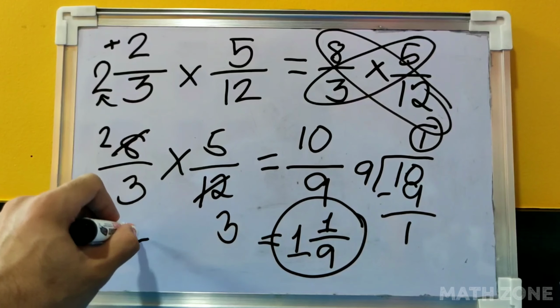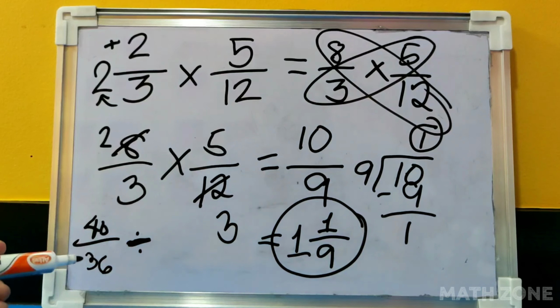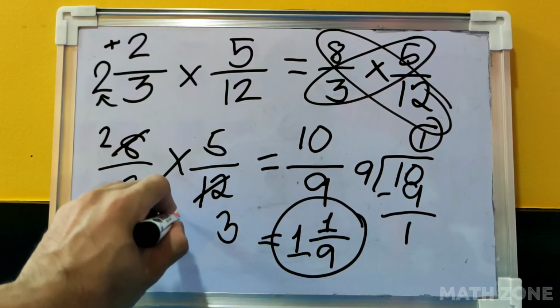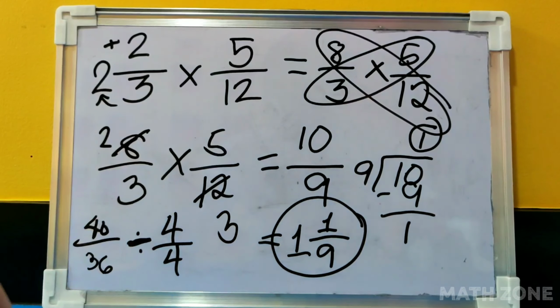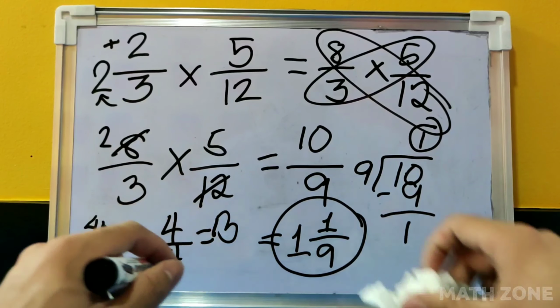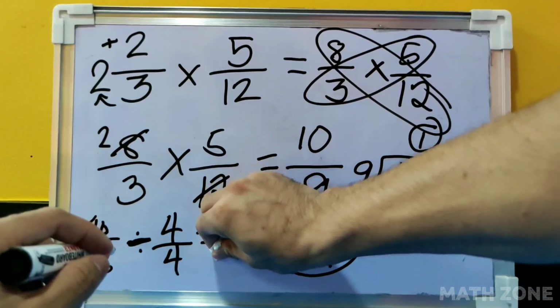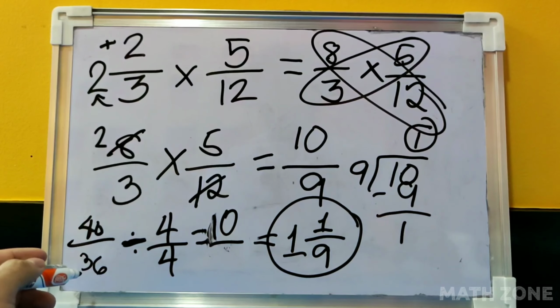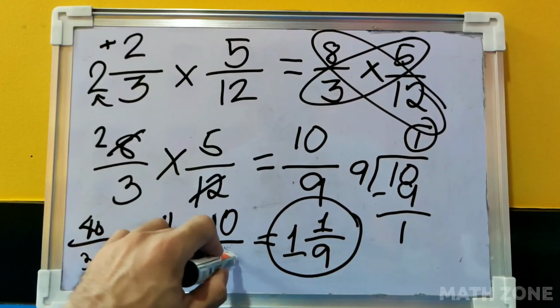So again, simplify the fraction. What number can divide 40 and 36? That's going to be 4. So 40 divided by 4 is 10. Thirty-six divided by 4 is 9.